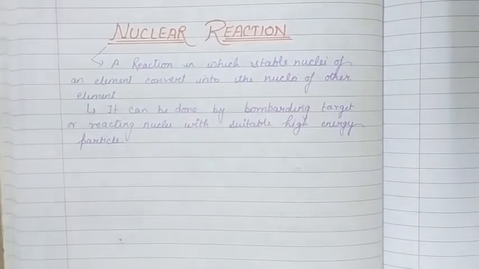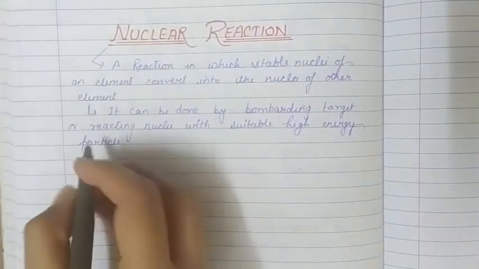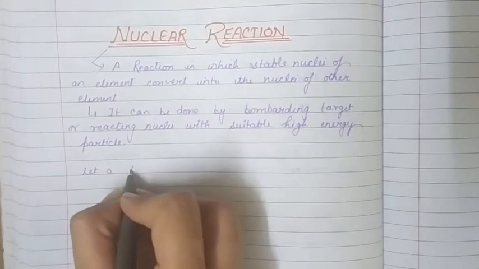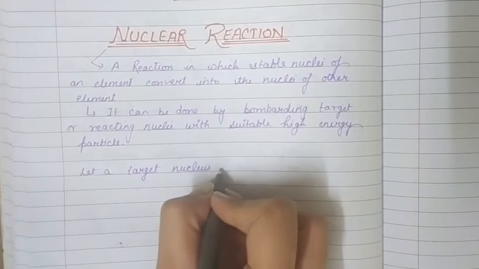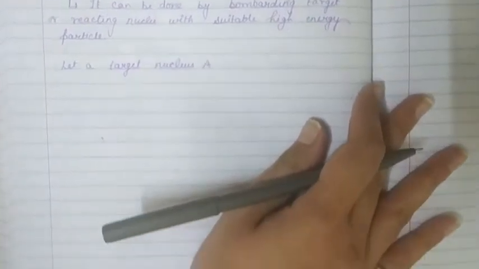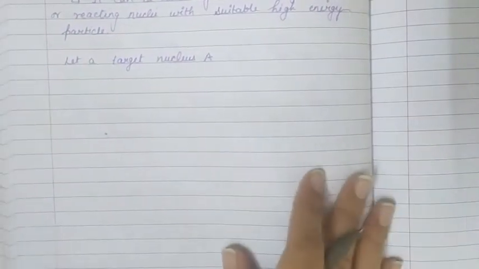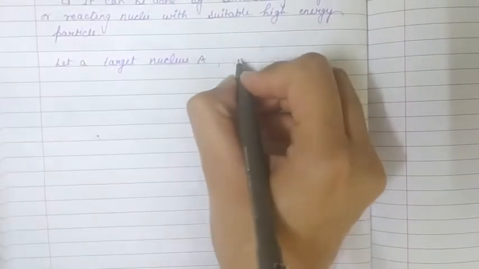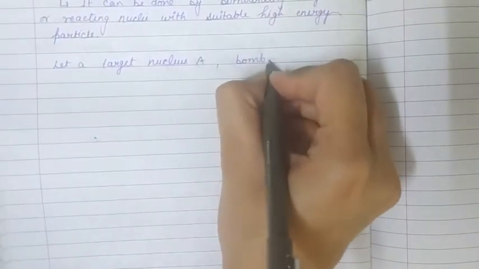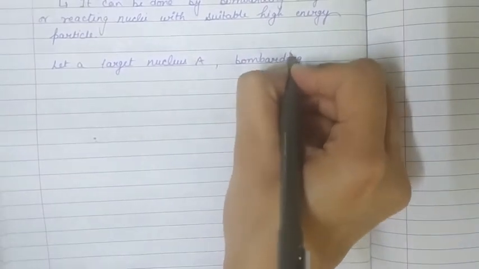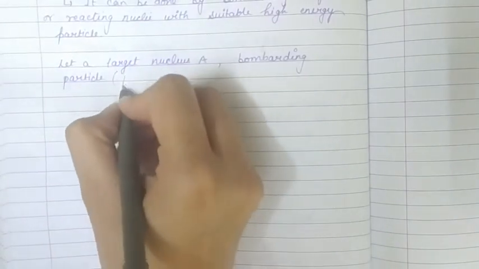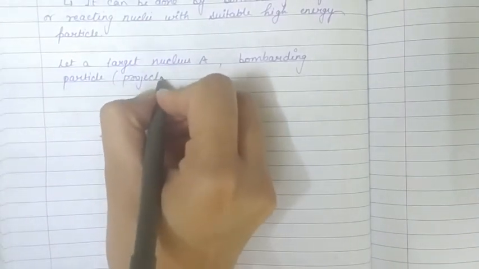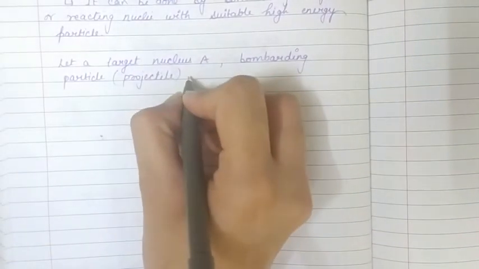To represent a nuclear reaction, we assume that we have a target nucleus capital A and a bombarding particle which is highly energetic. We also call it a projectile. Let this particle be small a.